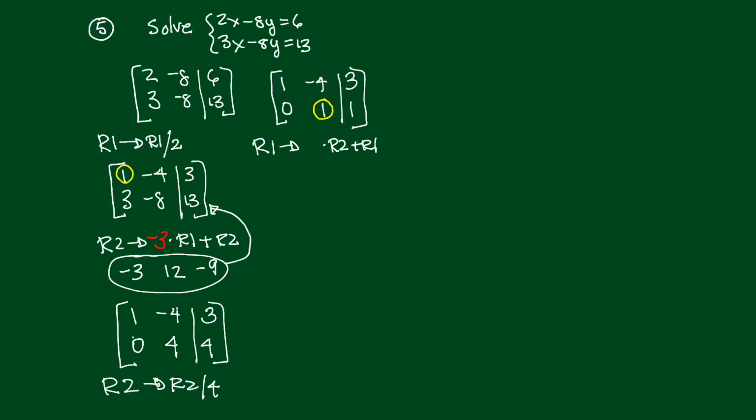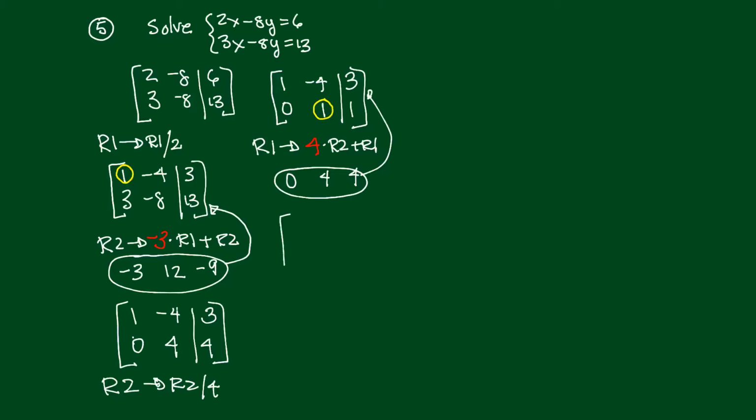Opposite of -4 is 4. That's our multiplier. So I'm going to run 4 through this entire second row: it will be 0, 4, 4.